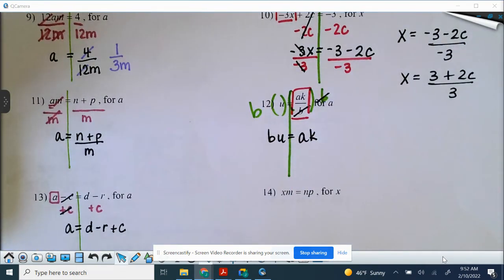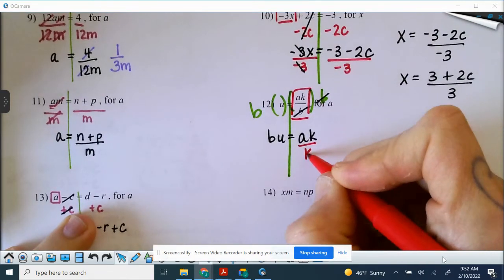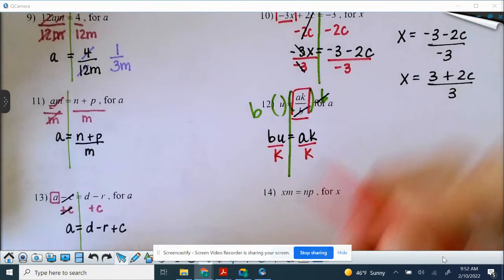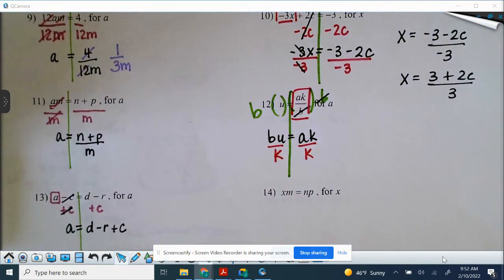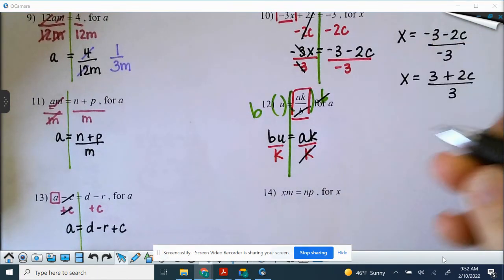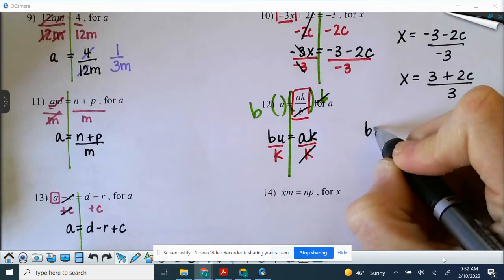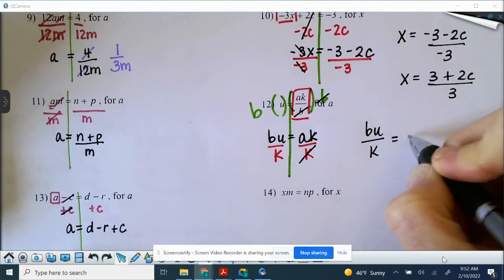Need to get a by itself. It's attached to k by multiplication, so we're going to divide by k, divide by k. And guys, if at any point I'm going too fast, you just have to say the word and I'll slow down. And so a is now by itself. So it's bu over k equals a.